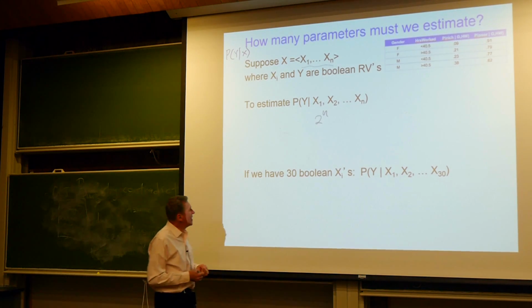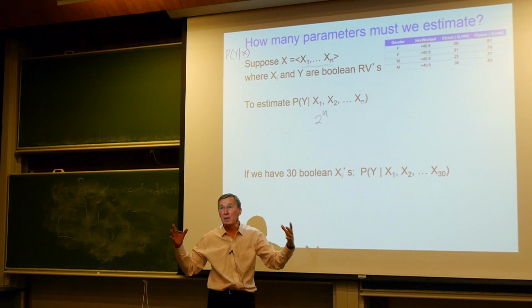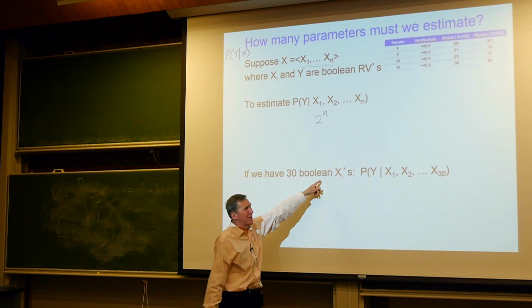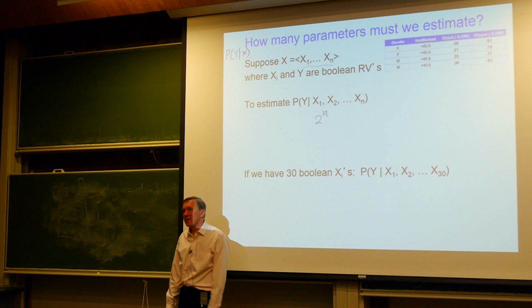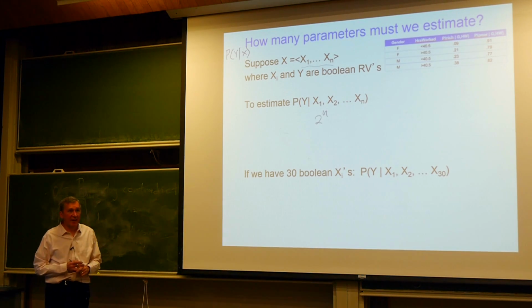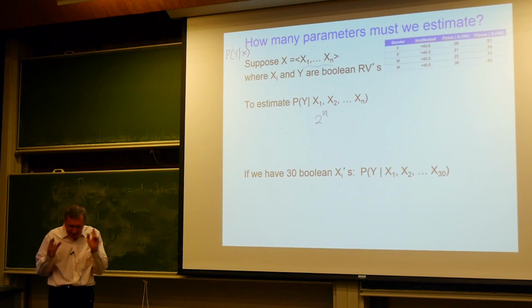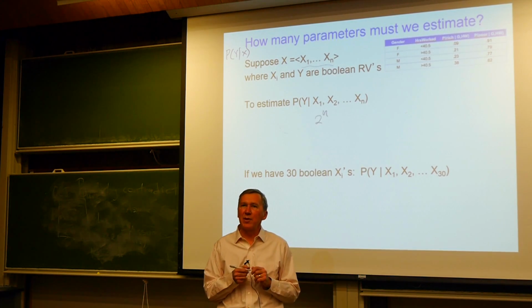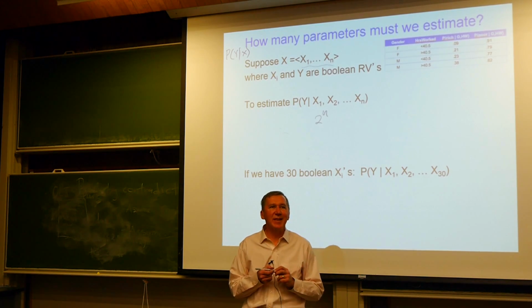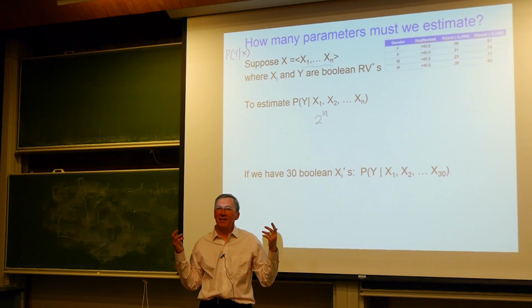And as we talked about last time, even for very small vectors, like only 30 Boolean features, it's still a billion rows. So it's still pretty explosive. It's exponential in n. So most of today is really about the question, how can we design a learning algorithm that estimates probabilities, but does it in a way that's actually feasible?